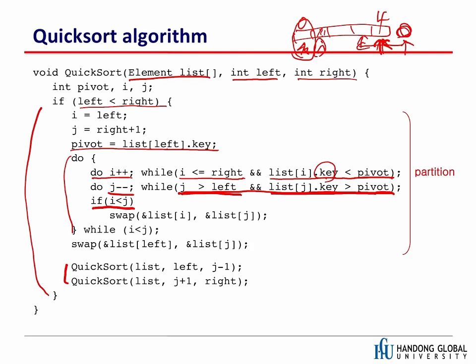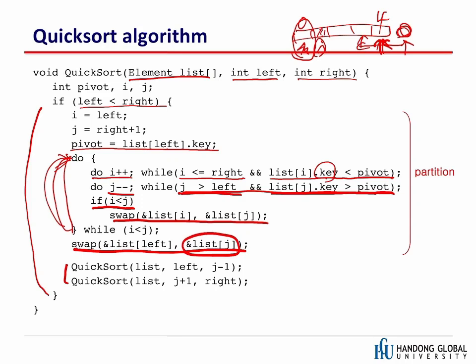And then we check if i is smaller than j, then we swap these two elements. And as long as i is still smaller than j, we keep doing this. So we go back to this loop again and again. And after finishing this do while loop, we swap the first element, which was the pivot, with j. j is the last element of the smaller ones.